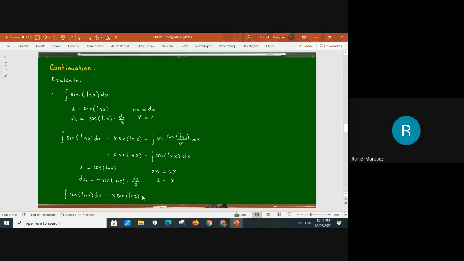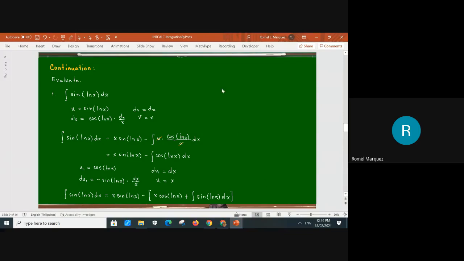Minus, I will enclose in brackets, so minus the answer for integral cosine of ln x dx, uv, that is x cosine of ln x, minus, so minus minus, so it is now plus, no? Integral of, so again, minus and negative, so positive. x is canceled out, no? So getting sine of ln x dx. Is that clear, guys?